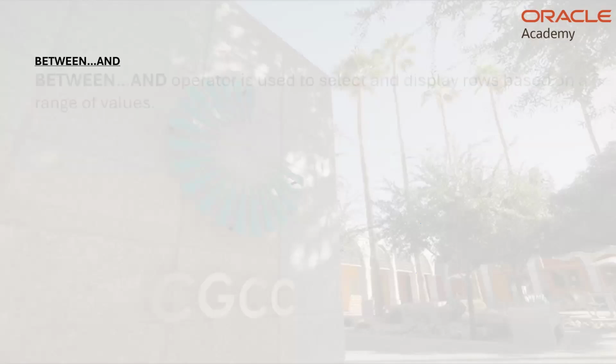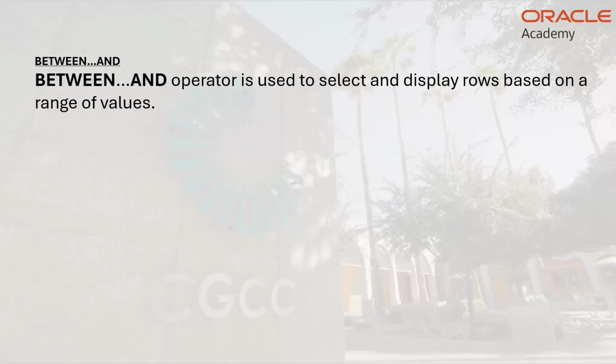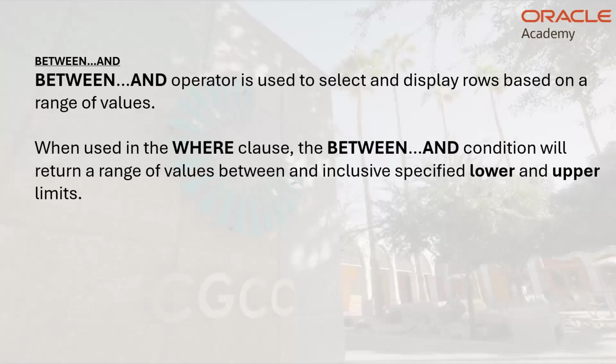So, between and. The between and operator is used to select and display rows based on a range of values. So if you know the range, we can use this in the where clause, and basically it is set to recognize what we call lower and upper limits.